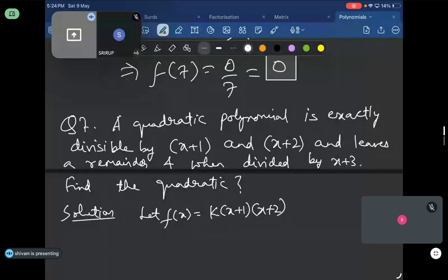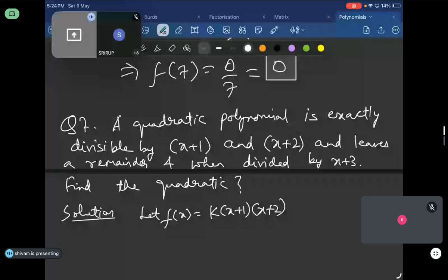F of minus 3 is given as 4, so we can substitute. On substituting, what do we get? F of minus 3 is equal to k into minus 3 plus 1 into minus 3 plus 2. This will be equal to 4.